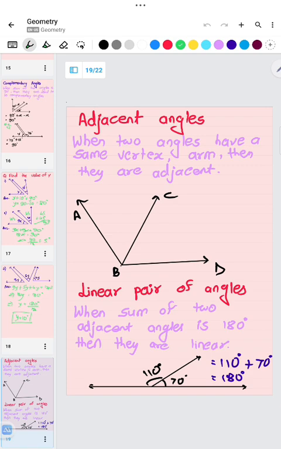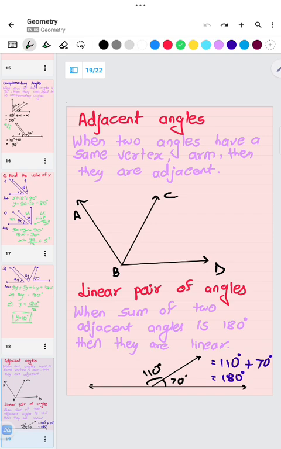Next, what are adjacent angles? When two angles have a same vertex and arm, then they are adjacent angles. There is same vertex, same arm, then it is known as adjacent angles. Next, linear pairs of angle.